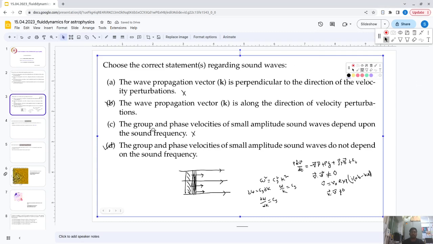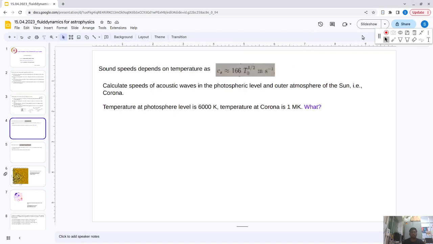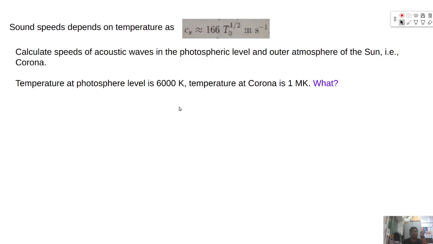Now the next question is about the sound speed. Sound speed depends on temperature as 166 T naught to the power half, in meters per second. So what we know is the sound speed is given by the square root of gamma p by rho, right? And then we know p equals what? Rho R T, right?